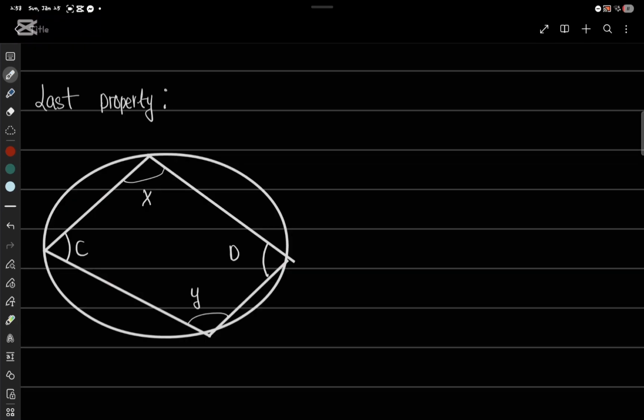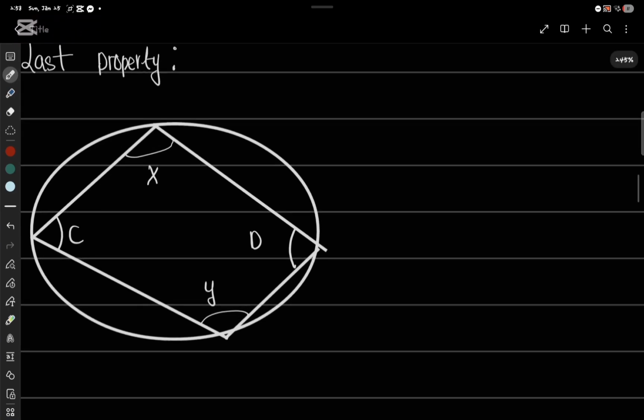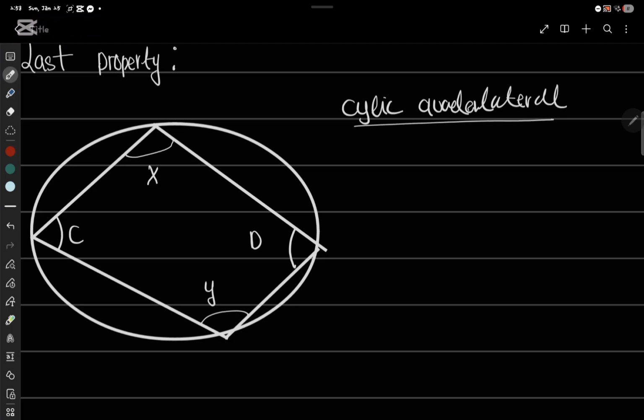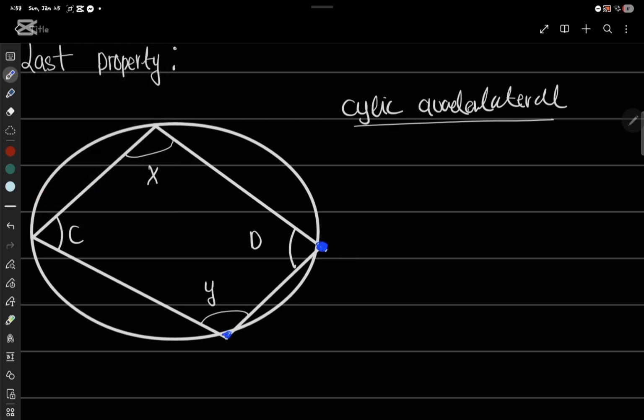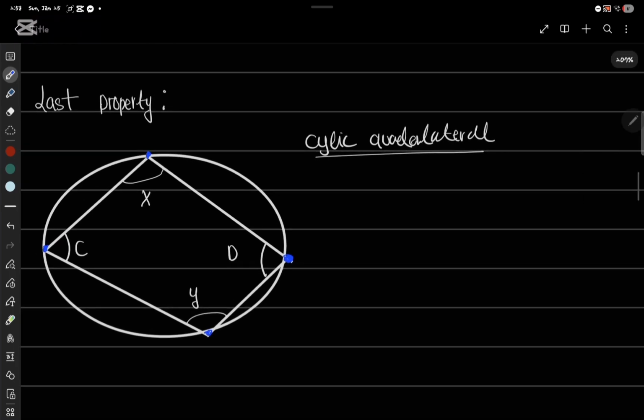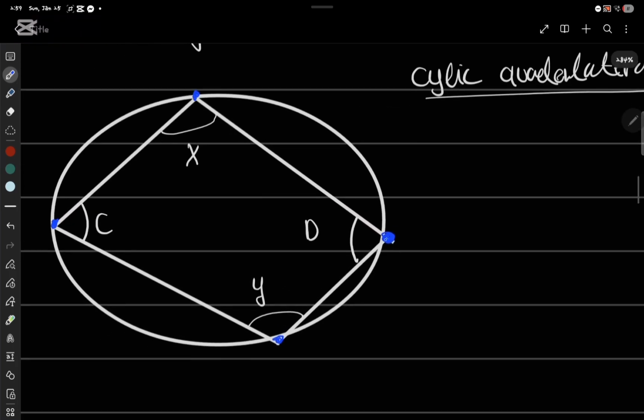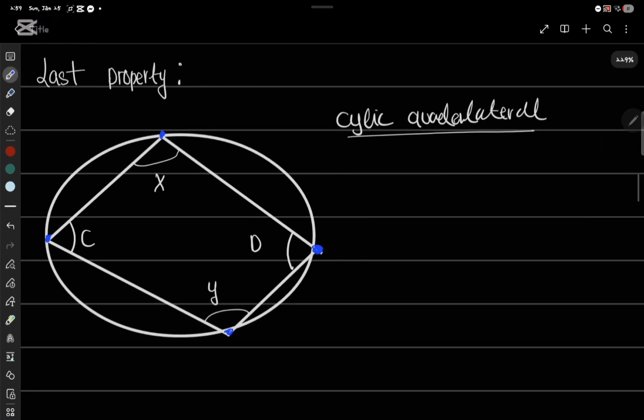The last property of the circle theorems. So what this property essentially says is that in a cyclic quadrilateral, which essentially means that all of the vertices of a quadrilateral are on the circumference of a circle, okay, and that means it's a cyclic quadrilateral.